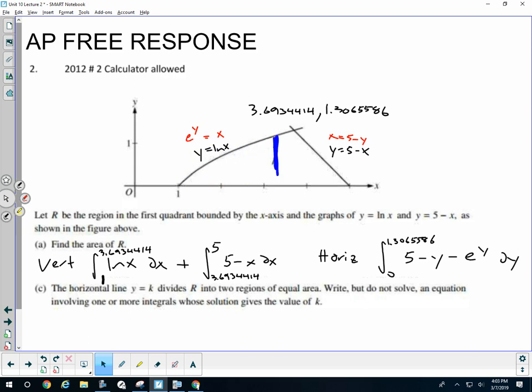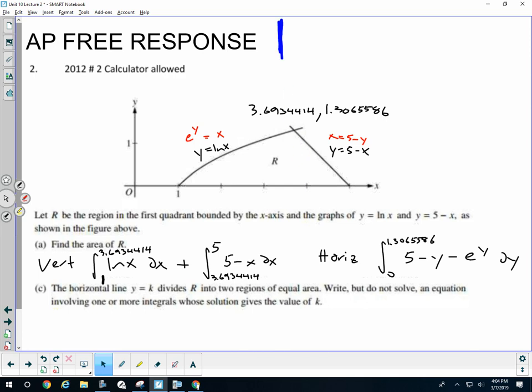Where do I go to? I go to this x-coordinate of 3.69344414, and I'm using the y equals log x as the height. Then I switch. Starting at 3.69344414, going to 5, I'm using the 5 minus x as the height. I can't just do it in one integral from 0 to 5. It won't work. Do we understand why I need multiple integrals?